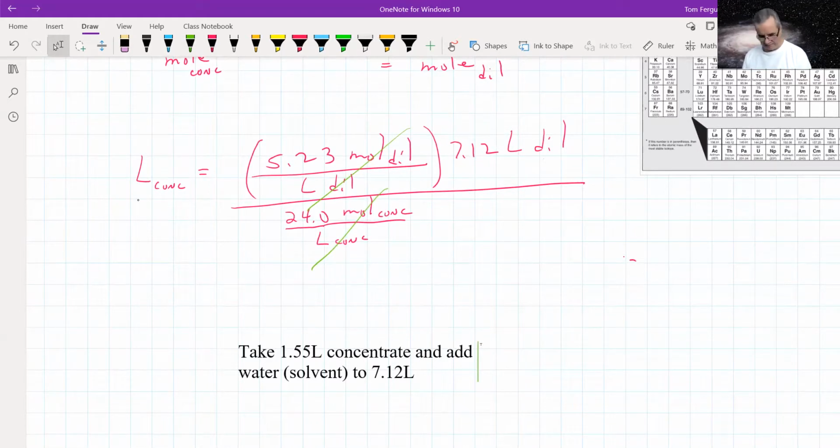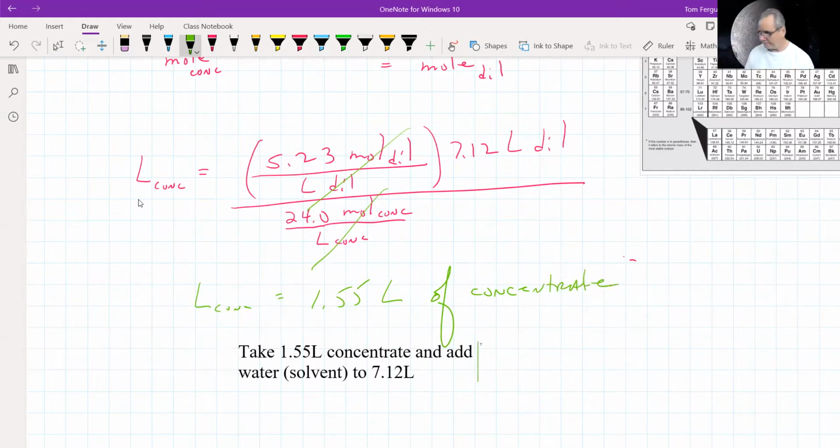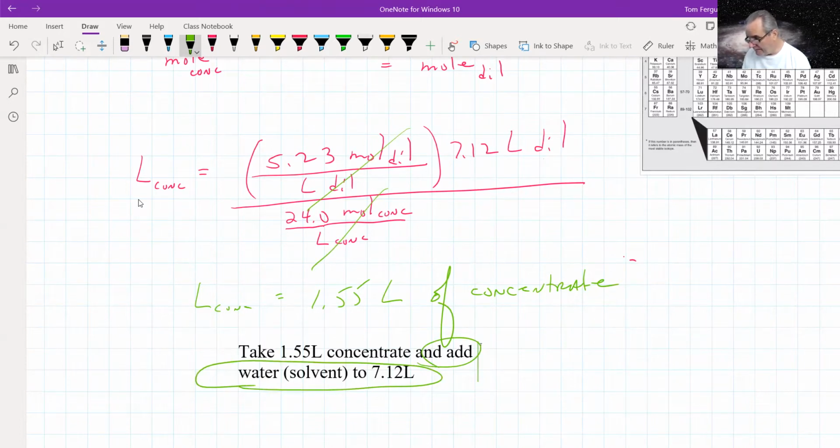So we're going to take 5.23 times 7.12 divided by 24. We're looking at 1.55 liters of concentrate. Then we're going to bring the total volume with water to 7.12 liters total.